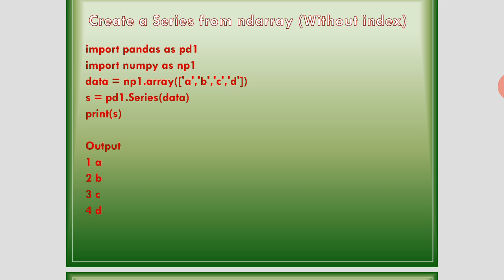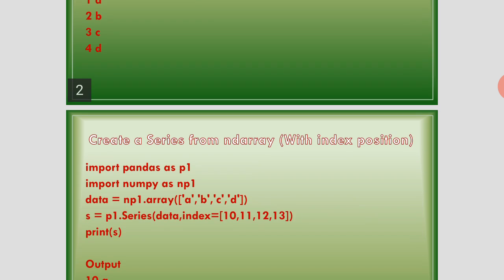On printing s, or printing series s, we will get the output: at the first position a, second position b, third position c and fourth position d.